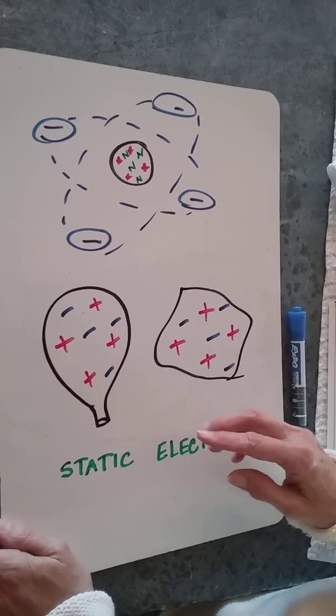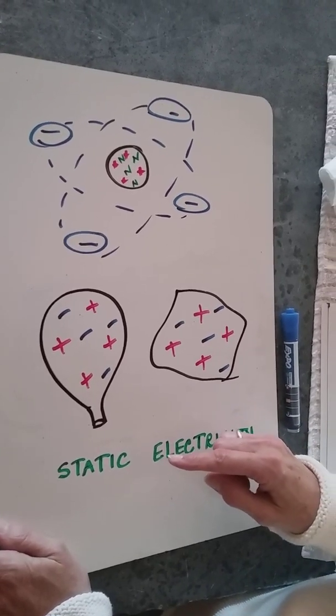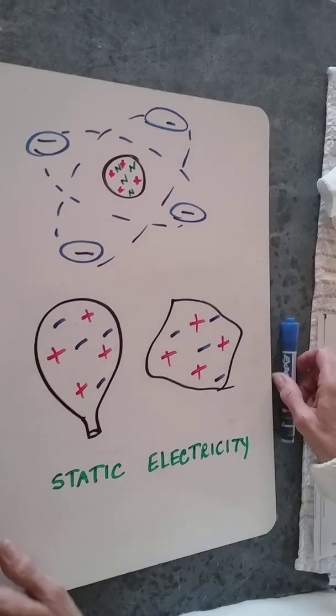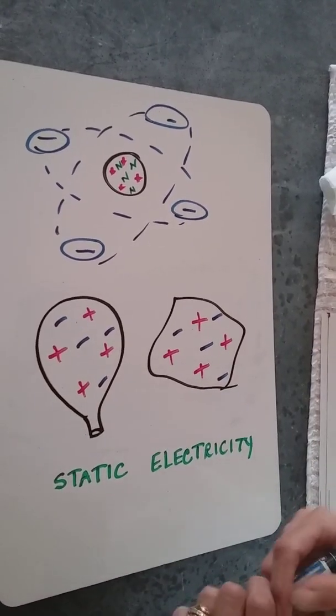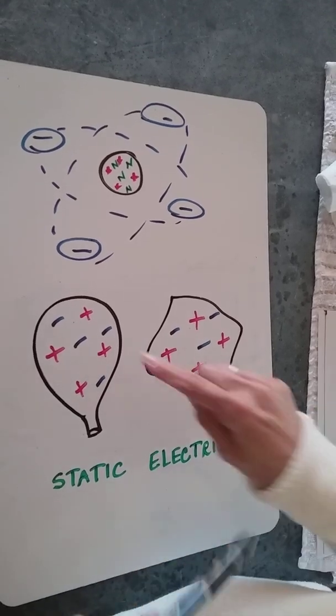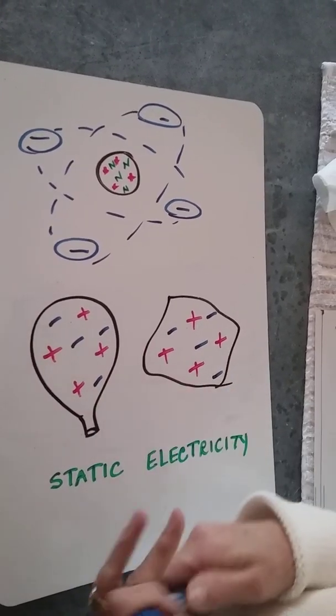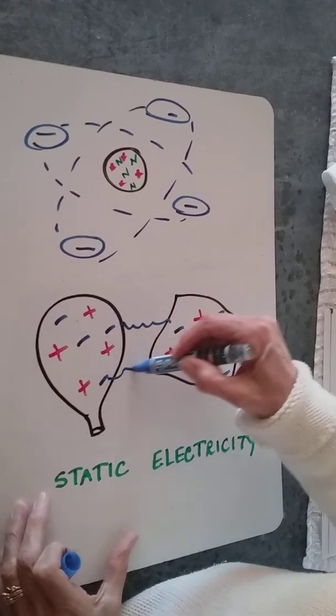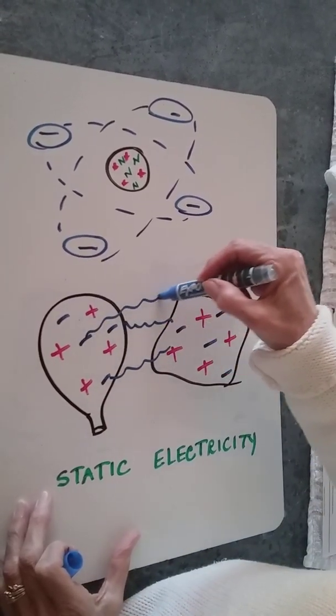When two atoms or two objects rub together, though, sometimes friction is created. And when friction is created, the negatively charged particles, the electrons, get excited and they can jump from one object to another.